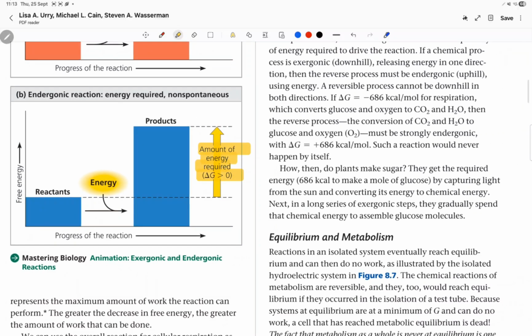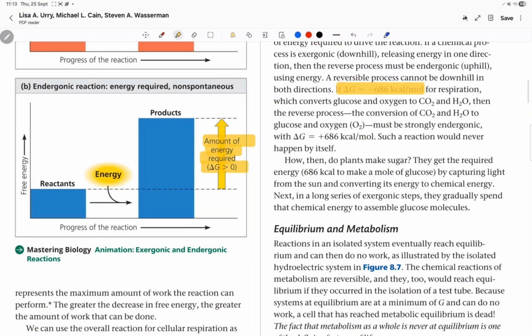Okay. So for cellular respiration, delta G is negative. But for photosynthesis, delta G is the same exact number, but positive. Okay. So making sugar happens during photosynthesis, which basically means that making sugar has a positive delta G.